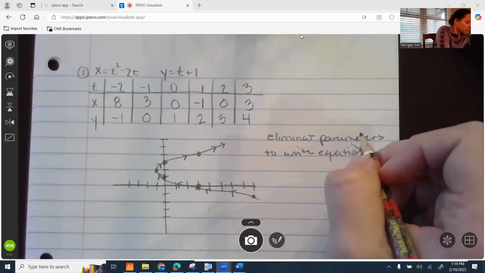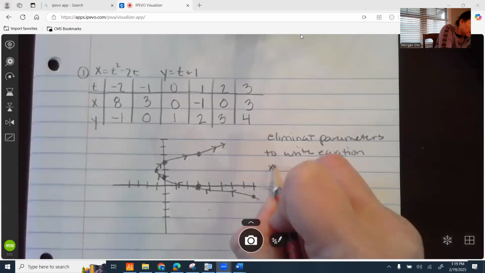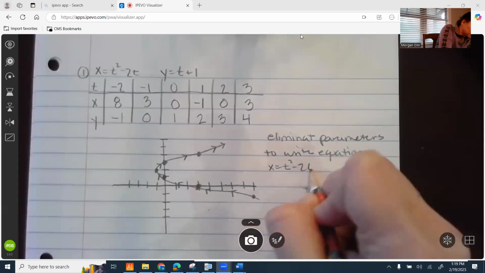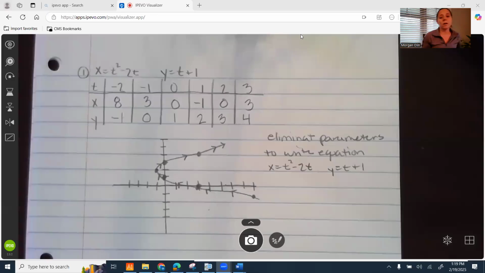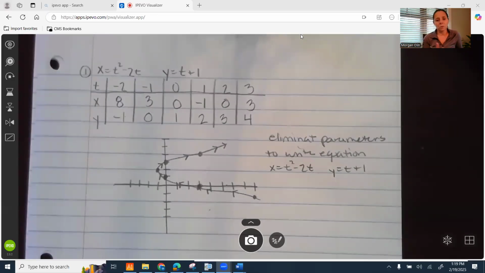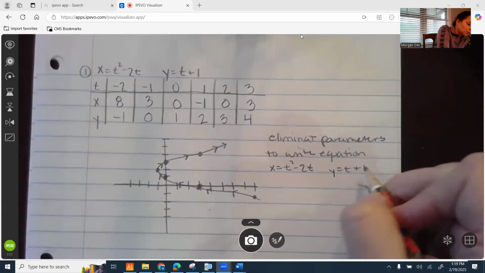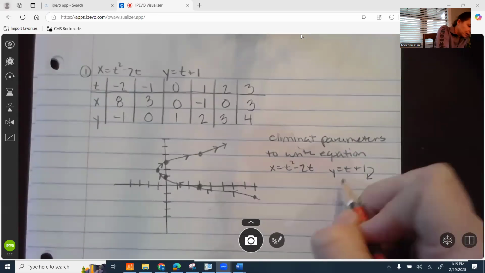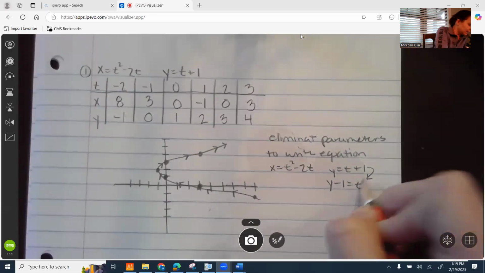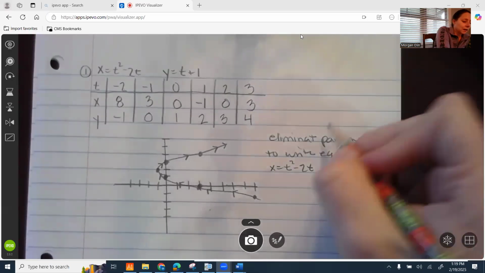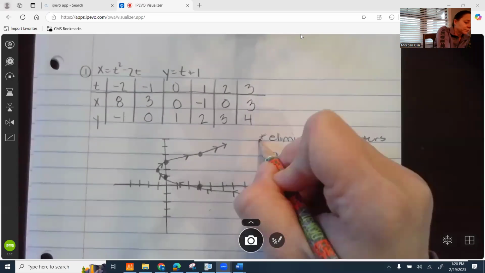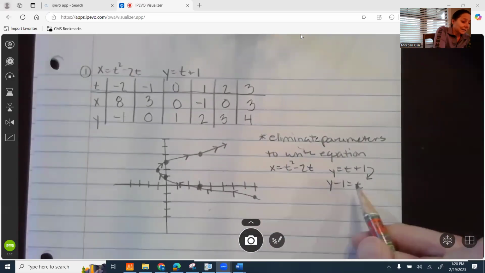We want to take one of these: we've got x equals t squared minus 2t, y equals t plus 1. Does it look easier to solve for t in one of them? And it does. This one right here looks easier to solve for t. If I did y minus 1, I get t. So you want to solve for t in one of these. All right, so solve for t, and I did.